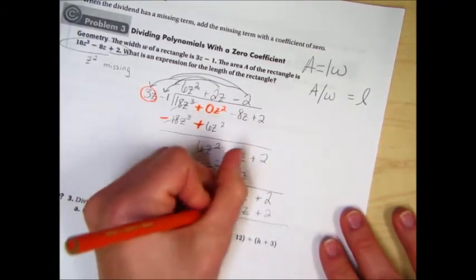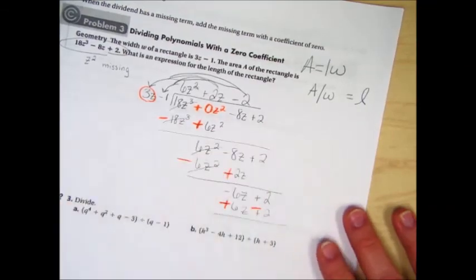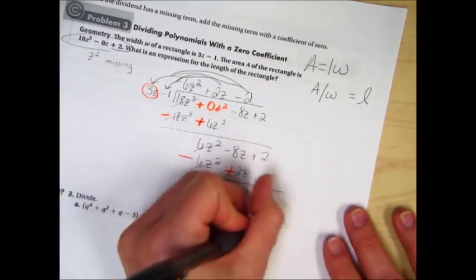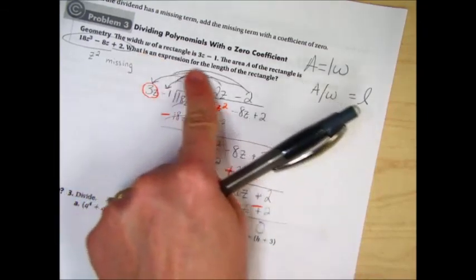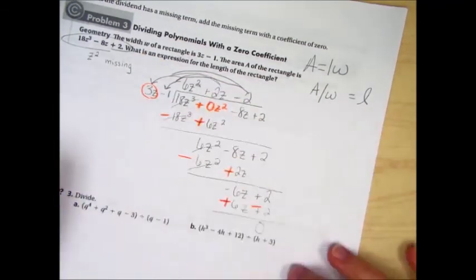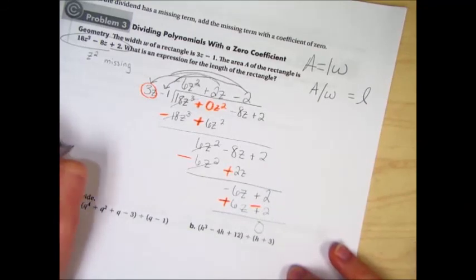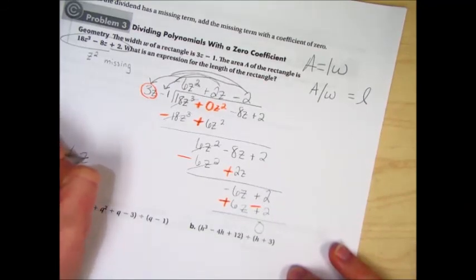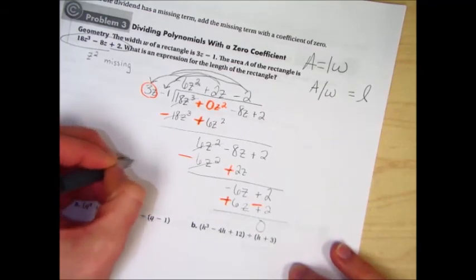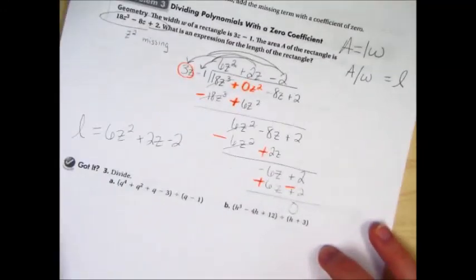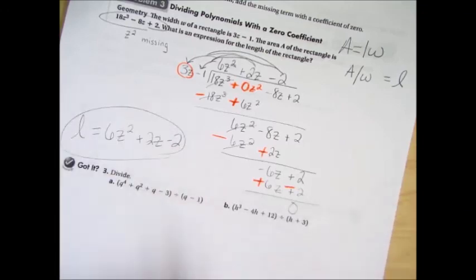Do not forget to change your signs since you subtract this step. Look at your remainder of 0. So when it asks what is an expression for the length, we can write the length equals 6z squared plus 2z minus 2, because that's what we got with no remainder.